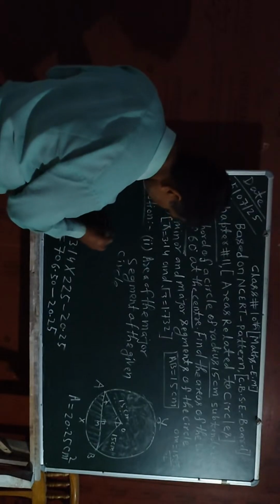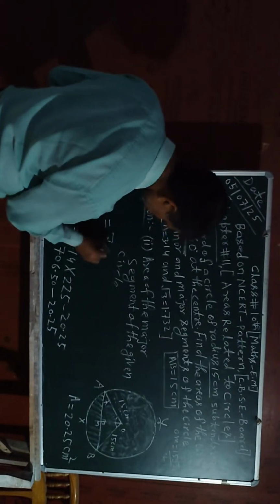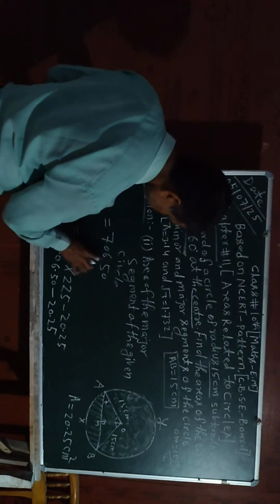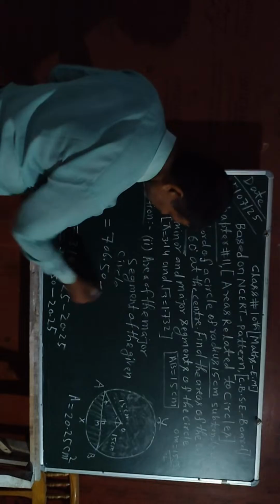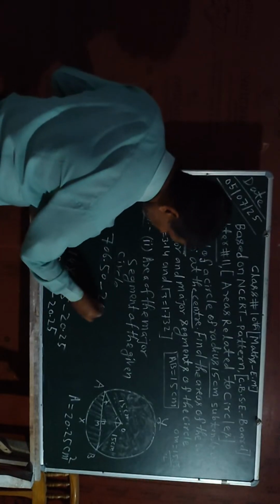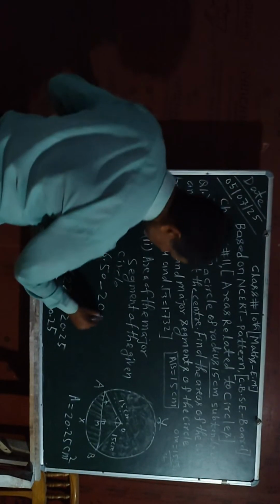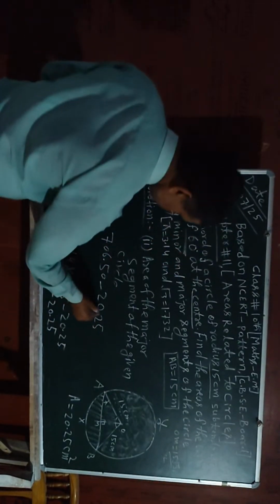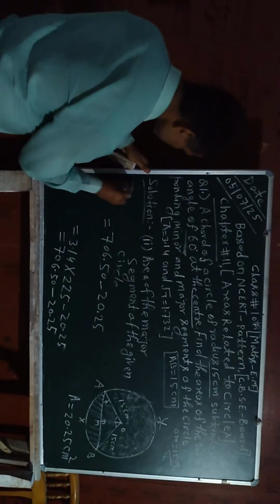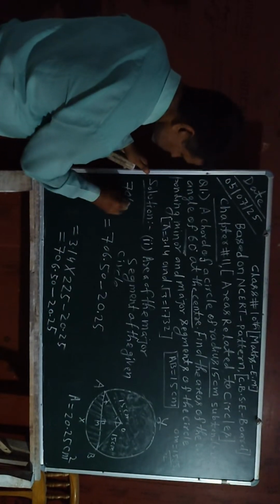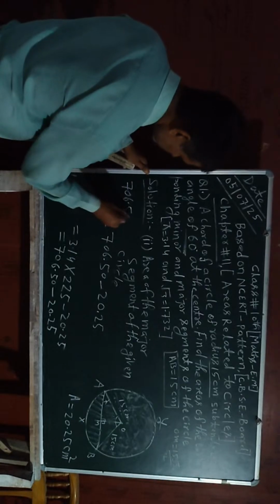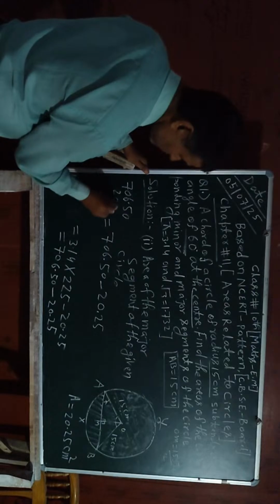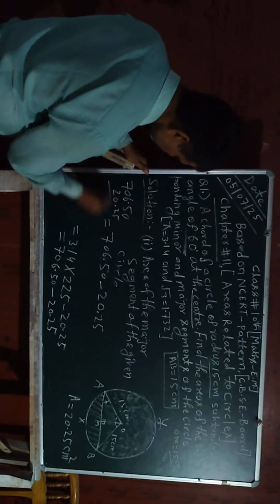So here I will write 706.50 minus, here I will write 20.25. Here I will subtract. So 706.50, and here I will write 20.25. I will subtract here.